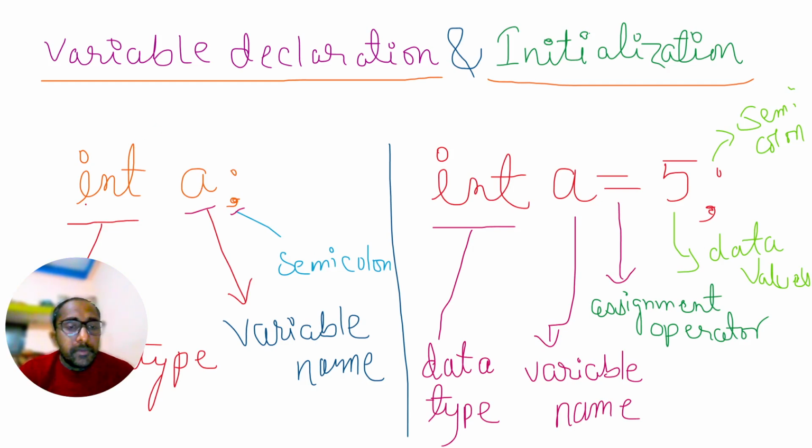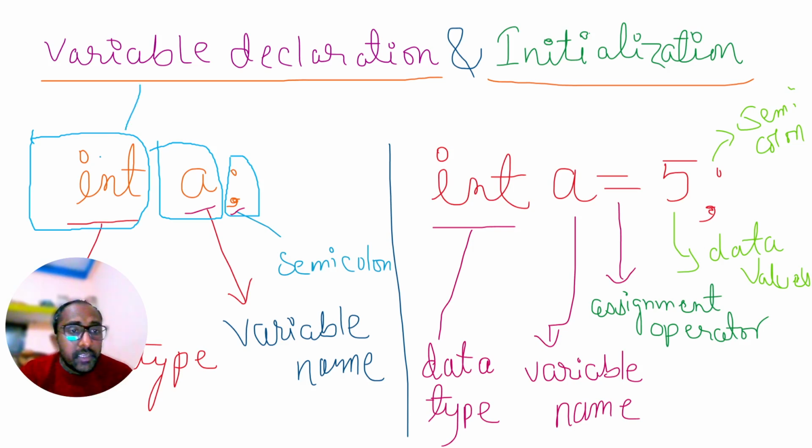I have already prepared it here. I'll change the ink color. This is called variable declaration. This is the data type, this is the name of the variable, and this is the semicolon. After the statement, we use a semicolon to end the statement.